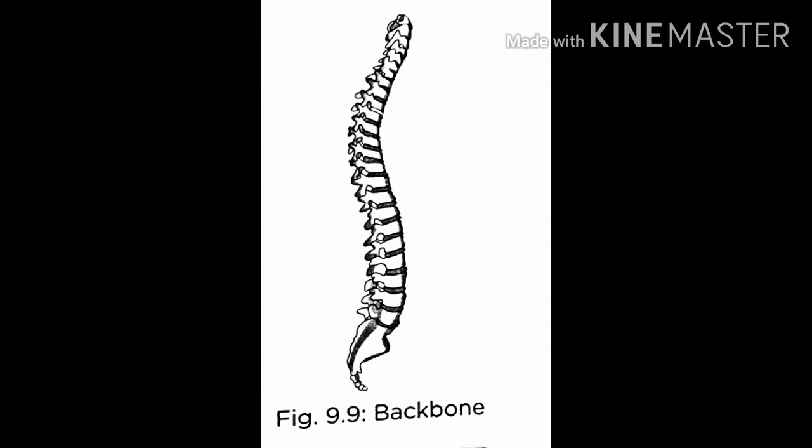Backbone protects the spinal cord. It contains 33 vertebrae in children, and an adult human has 26 vertebrae. These 26 vertebrae form a vertebral column.